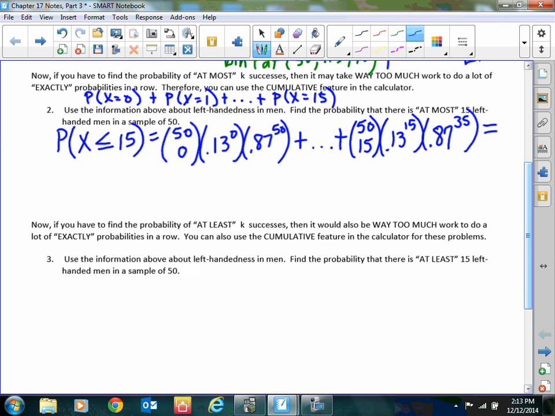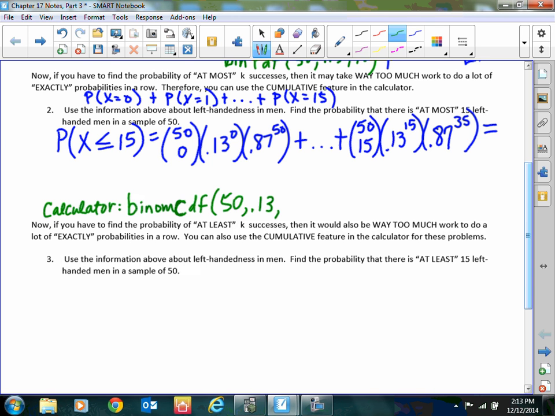Equals. Now let me show you what you put in your calculator. You don't have to write this down, but I am going to just to show you. What goes in your calculator is binomial CDF of a total of 50, comma, 0.13.